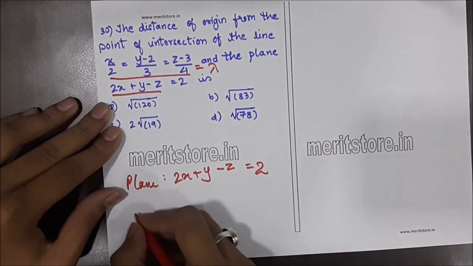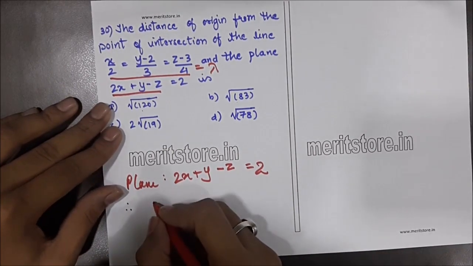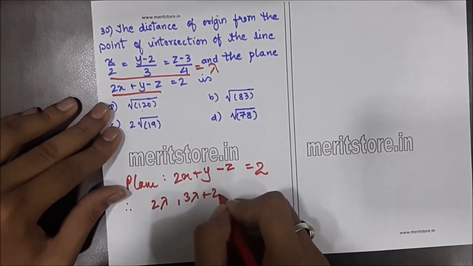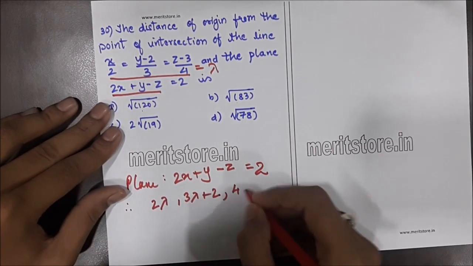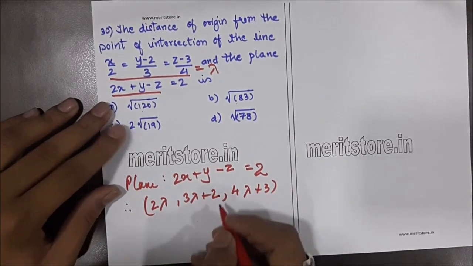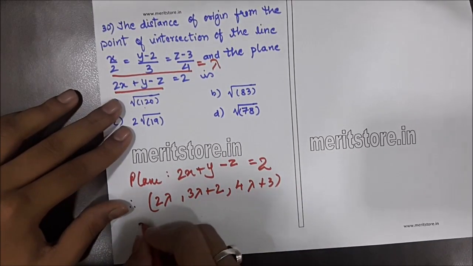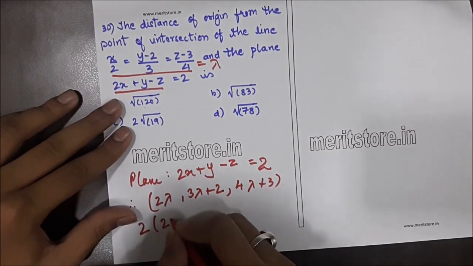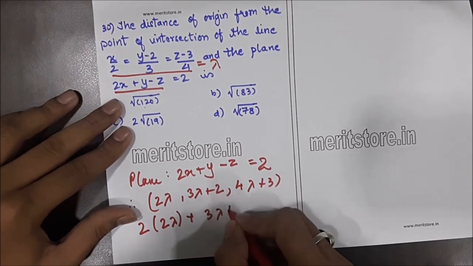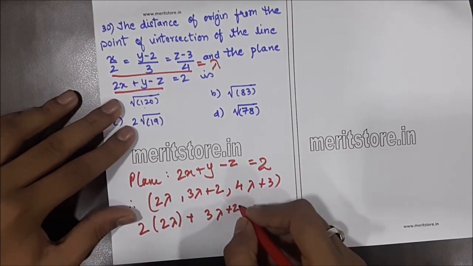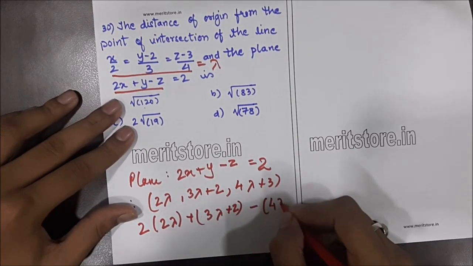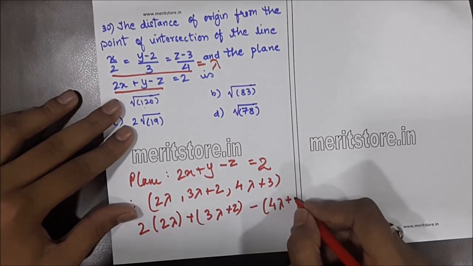So the point on the line would be (2 lambda, 3 lambda + 2, 4 lambda + 3). So we substitute in the equation: 2 into 2 lambda, plus 3 lambda + 2, minus 4 lambda, plus 3.